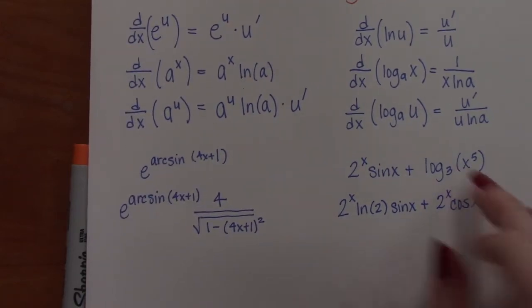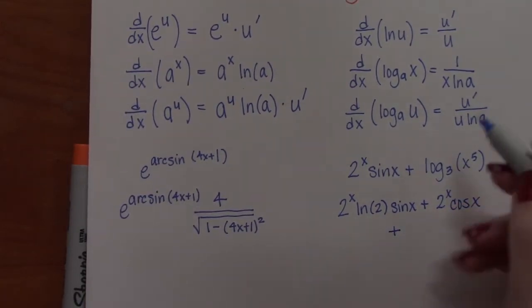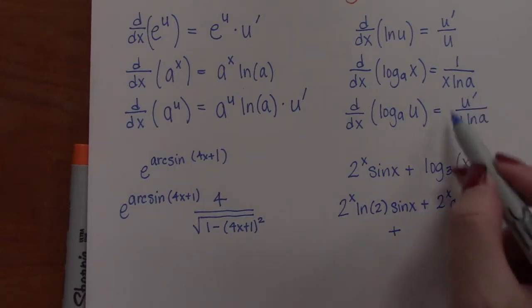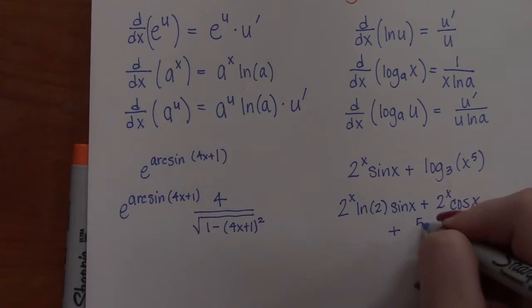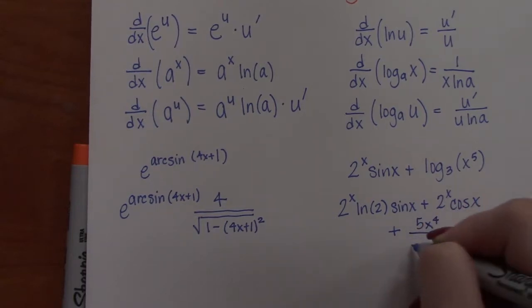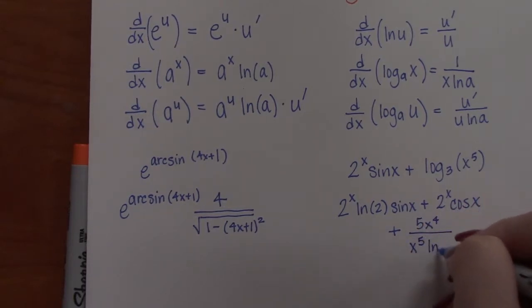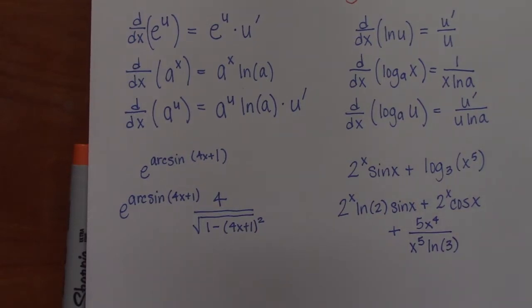And then when we took the derivative of this last piece, it's u prime over u natural log of a. So the derivative of the inside was 5x to the 4th over u natural log of the base. And that simplified to 5 over x ln 3, but you didn't have to do that. You could have just done it just like this.